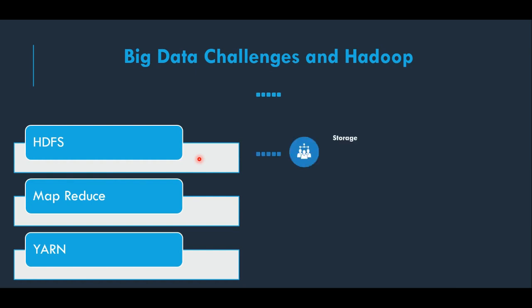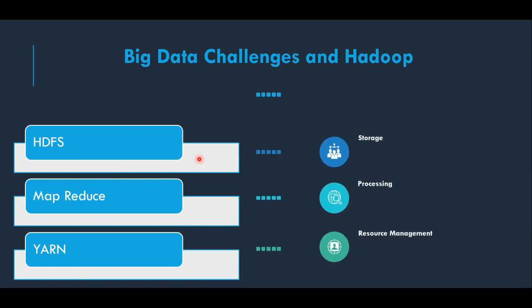When we were discussing big data concepts, we emphasized the challenges associated with big data in comparison to traditional data. We categorize these challenges into three categories: data storage, data processing, and resource management.